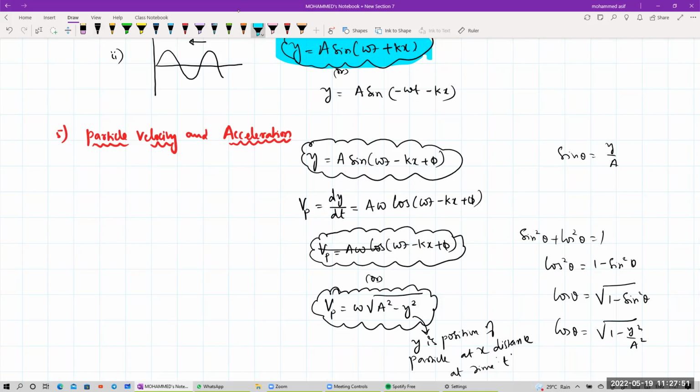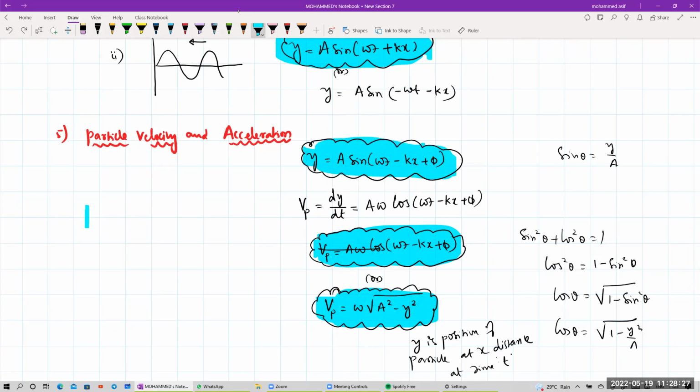So this is the velocity of the particle. Got it?